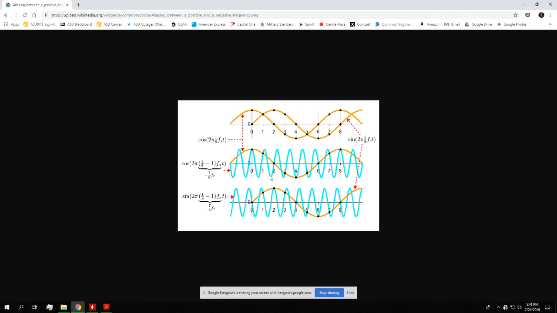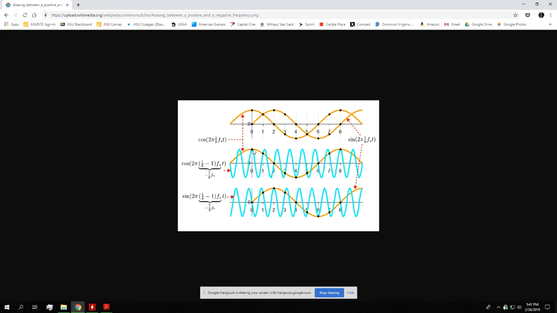Now, let's say we're talking about a digital system that's discrete time by nature, and I start taking samples. That's what these little black dots are. I'm taking samples at an equal interval. So let's say every second I'm taking a sample. All I have is just this dot, this amplitude.